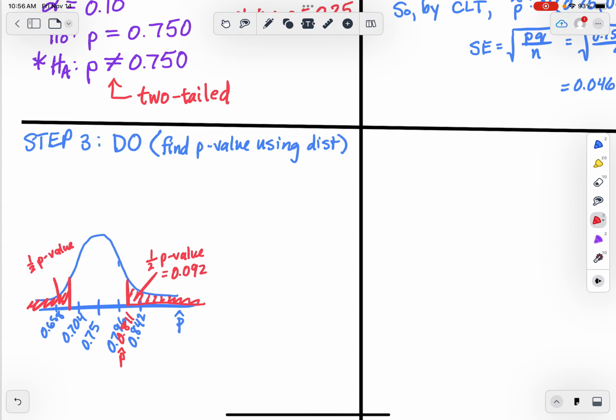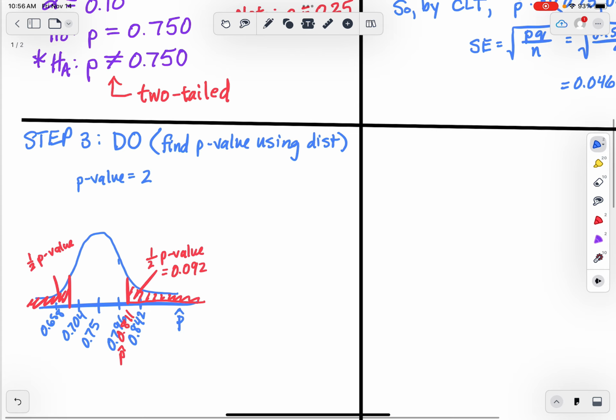Two. So my p-value that I'm trying to find, remember your p-value is the probability. So I'm just looking at that right-hand side. So my p-value is going to be 2 times the probability of getting my p-hat of 0.811 or more extreme, which would be greater than or equal to 0.811, given that the null hypothesis is true.